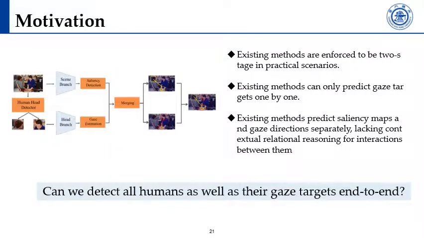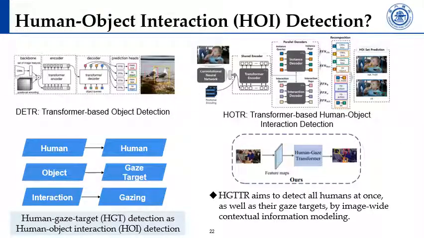Actually, we find that human gaze target detection is very similar to human object interaction detection. Both of them are high-level scene understanding tasks. For human object interaction detection, the recent methods are all based on DETR-based frameworks.